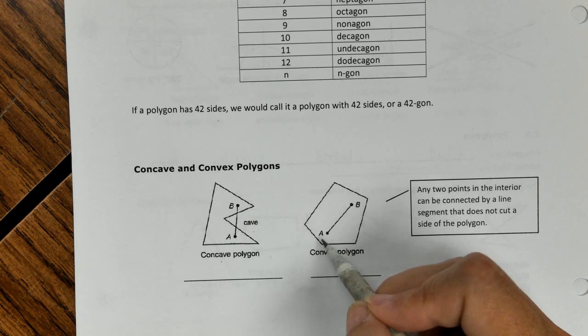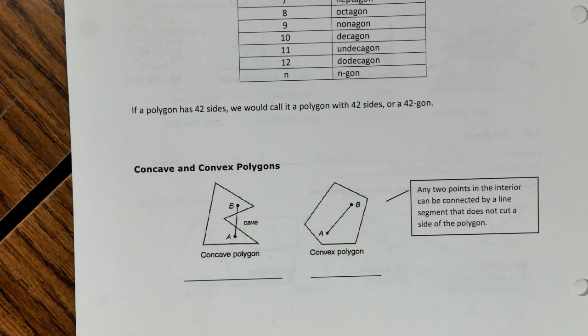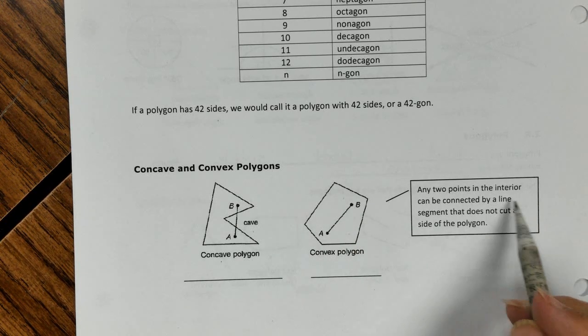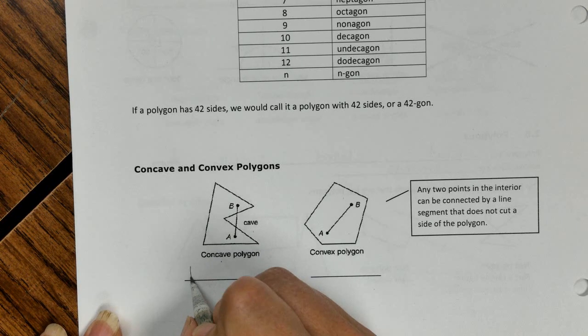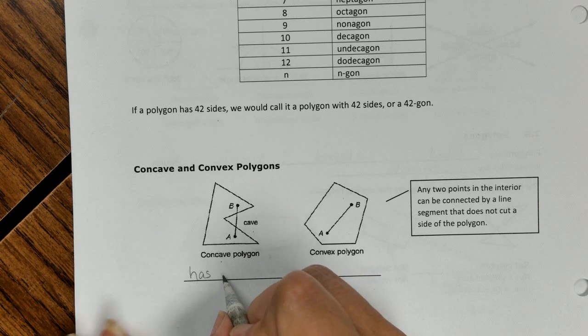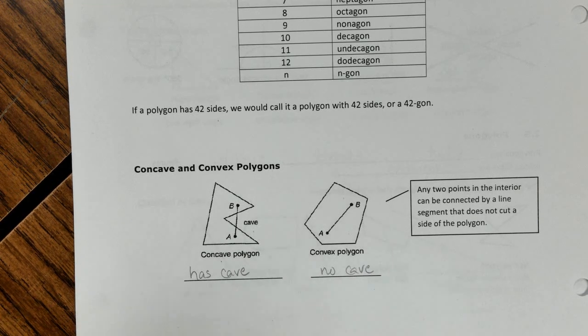If it's convex, there are no 2 points in this polygon you will find where you can connect them and cross a side. Okay, so that's what this is talking about. Concave has a cave, has a dent. And convex has no cave. The sides all go out.